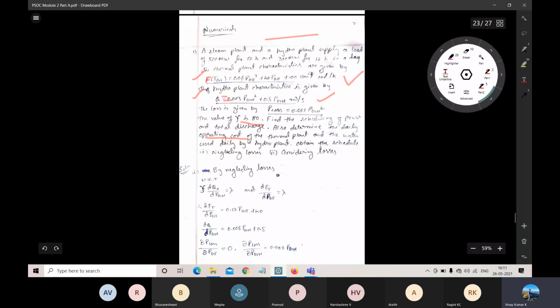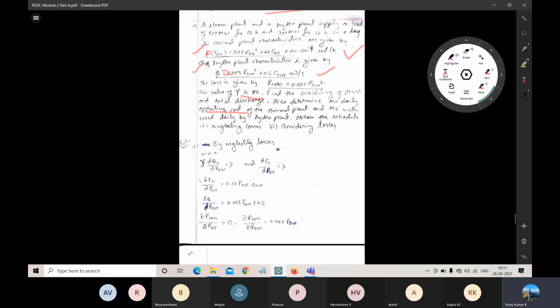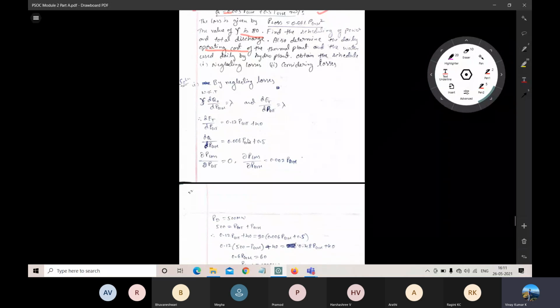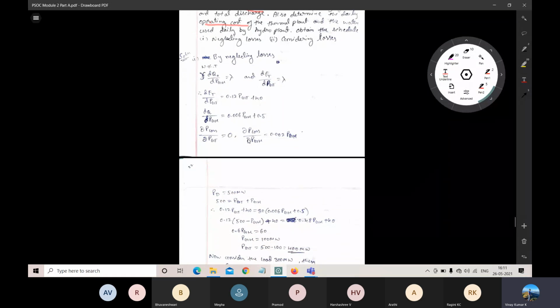We do this by two methods, two cases. The first one is with losses and the next one is without losses. So first, consider without losses, that is, by neglecting the losses. If we neglect the losses, the characteristic equations become these.